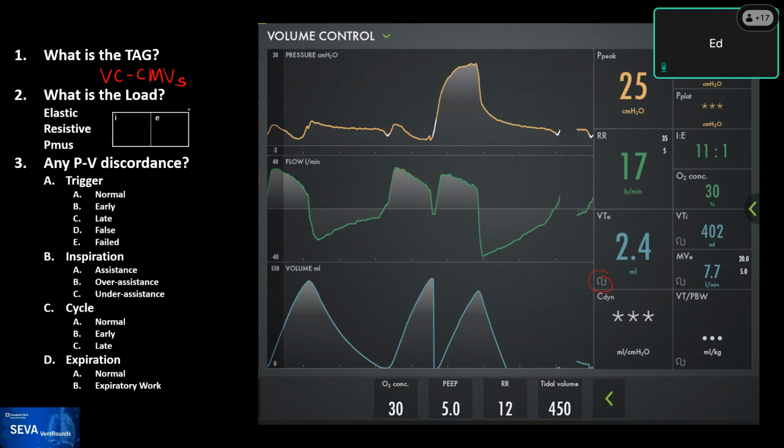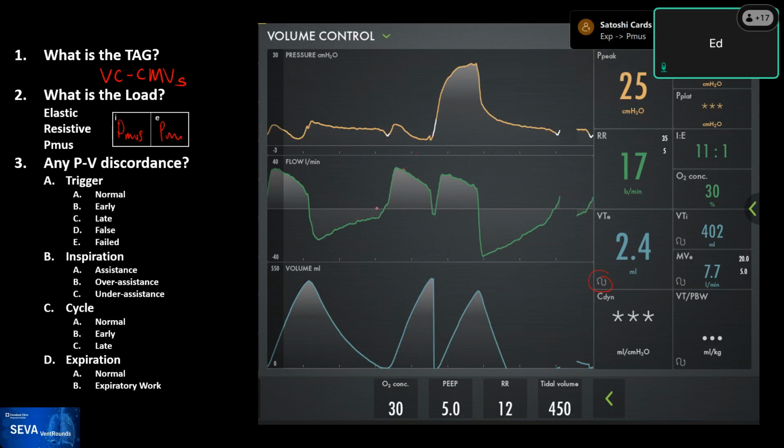So what is the load for this patient? Yeah, good job. It's all PMOS. So this is important for you to recognize that during inspiration, there's PMOS.